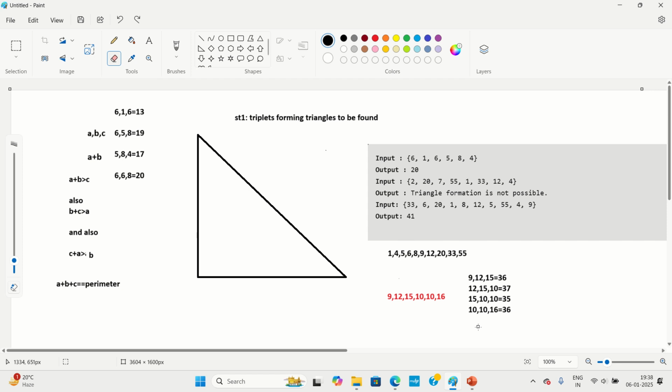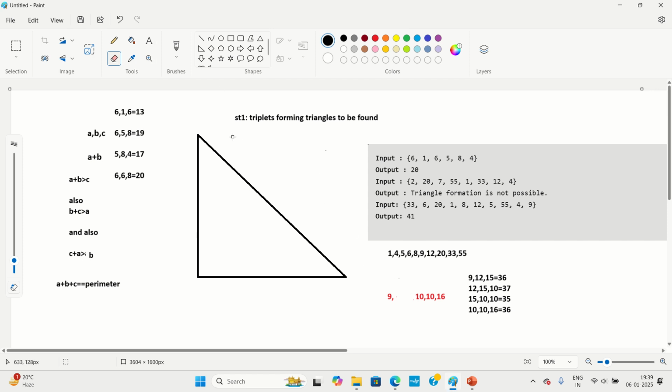So not to worry, guys. In this case, say suppose I remove 12, 15. In that case, we are left with only 10, 10, and 16. That is 36. Fine. And also you can take other values. Let us take another one.